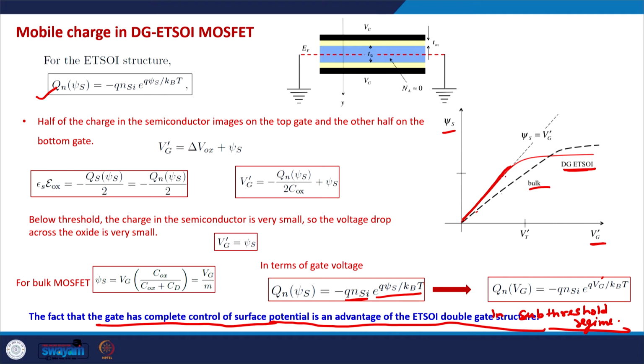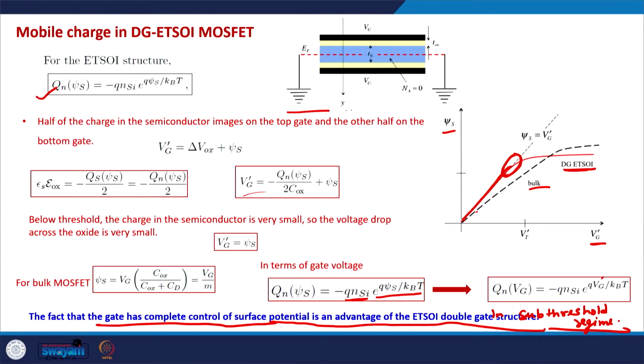It deviates after the threshold voltage. Similarly, it deviates in the case of DG-ETSOI as well, and the deviation is even more. But we are mostly concerned about the subthreshold regime, and in this regime DG-ETSOI MOSFET has better control over the channel. So the gate in a double gate ETSOI MOSFET has better control on the channel as compared to the bulk MOSFET, and that's one of the main advantages of using the DG-ETSOI structure apart from geometric screening.